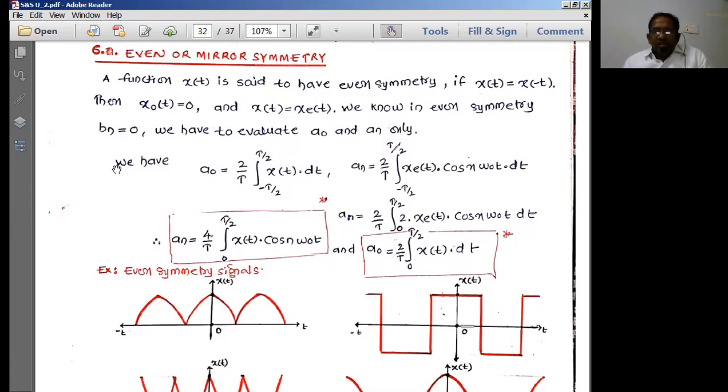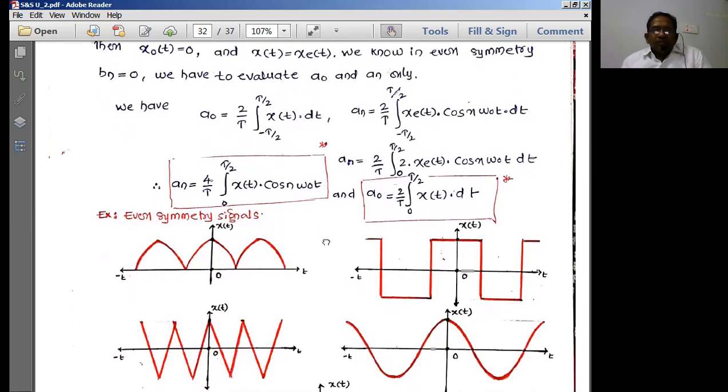If the signal is even, the odd function is going to be 0. If the signal is odd, the even function is also going to be 0, vice versa. So I can simply write x(t) is equal to x_e(t), and we know in even symmetry b_n is equal to 0 because only cos components are going to exist. So we have to evaluate a naught and a_n only.